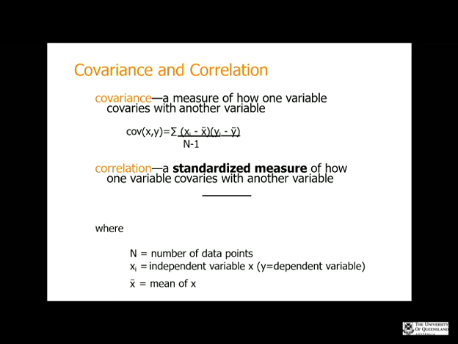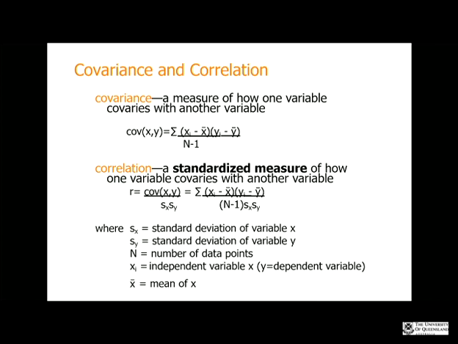So you could work out the covariance there, and then the way that they standardise it is by dividing by the standard deviation. So standard deviation of variable x, standard deviation of variable y, and you would get that.